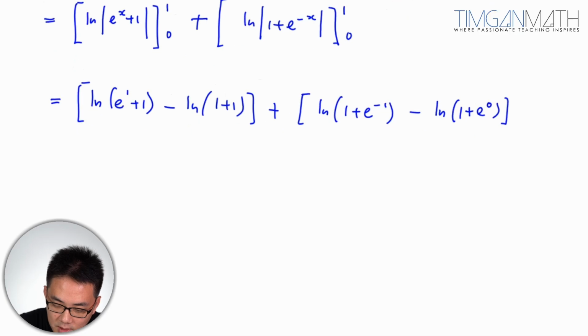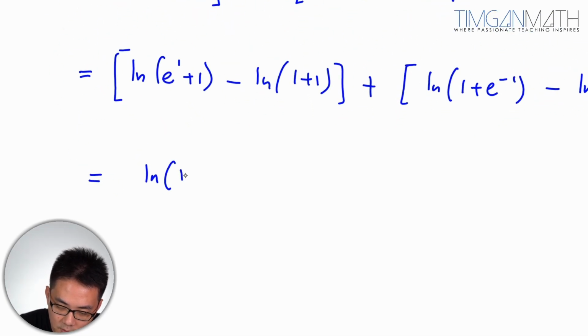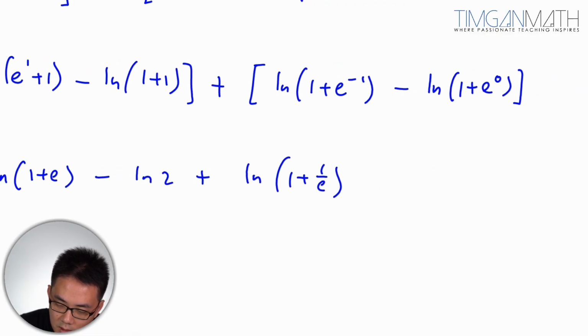Ta-da! Great. So once this is done, it will be ln(1 plus e) minus ln 2 plus ln(1 plus 1 over e) minus ln 2 as well. Goodness. Great.